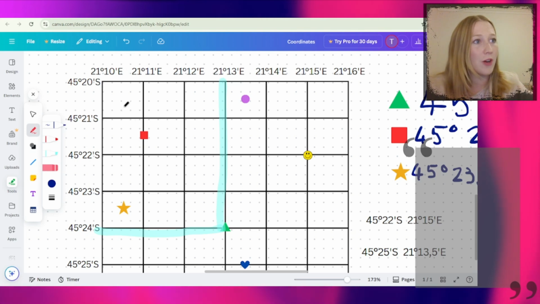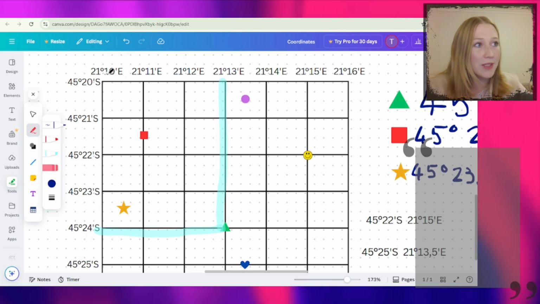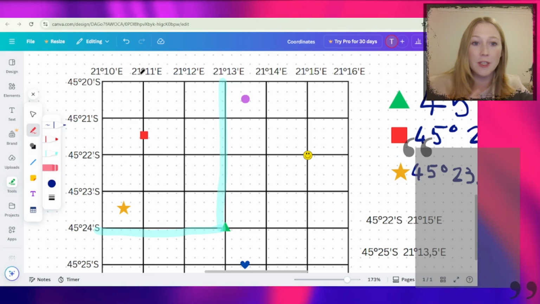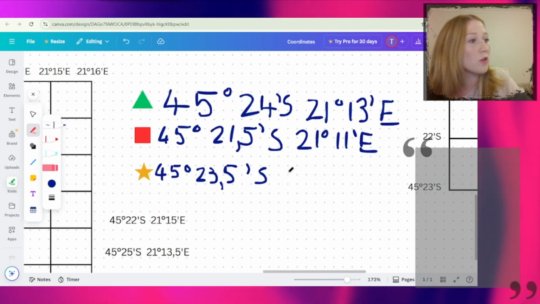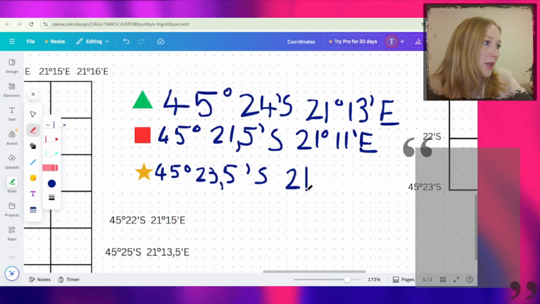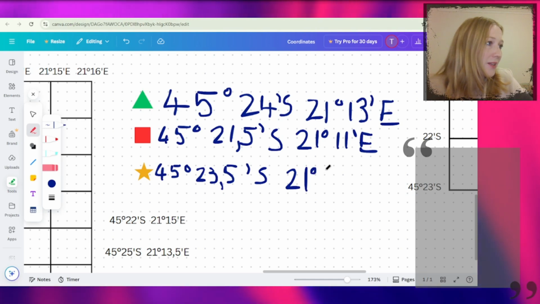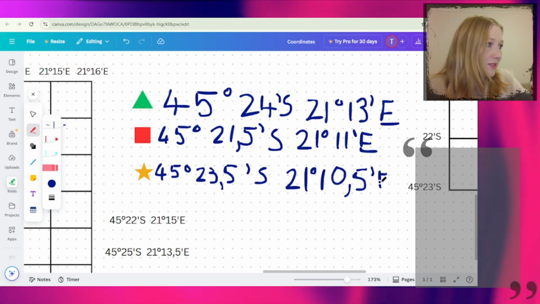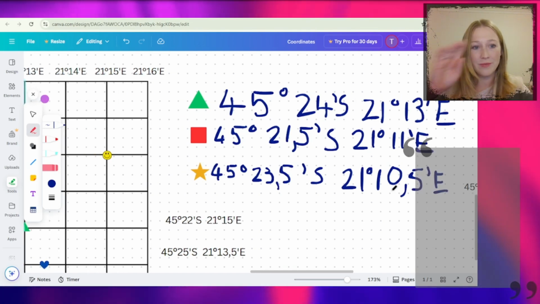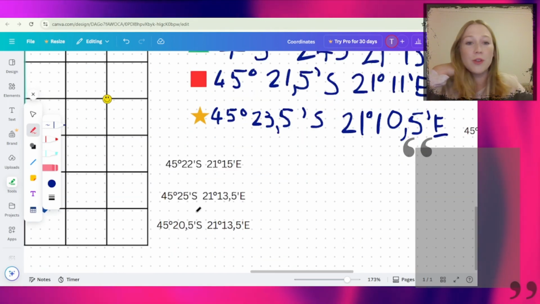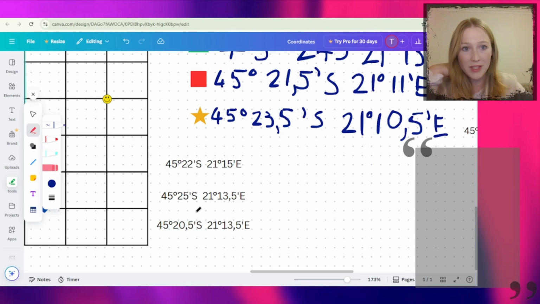And then let's see how far east it is. It's between 10 and 11 minutes east. So that's 21 degrees and 10 and a half minutes east. Okay, so far we're happy. I want to find these points first and then I'll show you what a half a minute is.